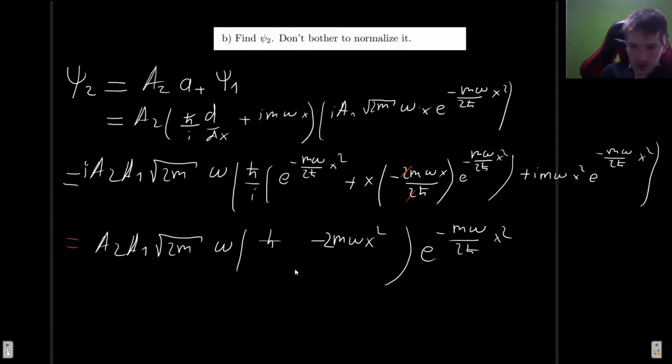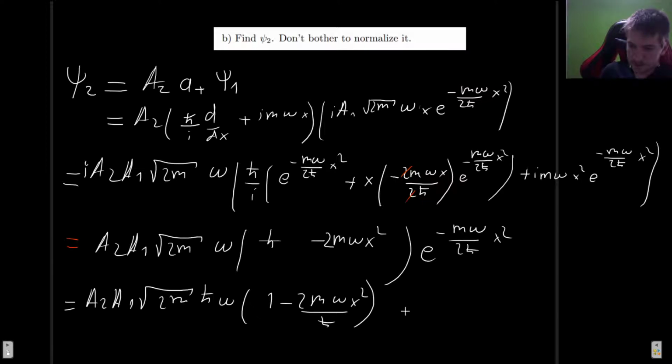We can try to make it look a little better. What the books usually do is they take a square root of 2m and pull the h bar out of here. So you get h bar omega times 1 minus 2m omega x squared divided by h bar, e to the minus m omega divided by 2h bar x squared. And you can just absorb a1 into the a2 constant here. So this is the wave function that we were looking for.